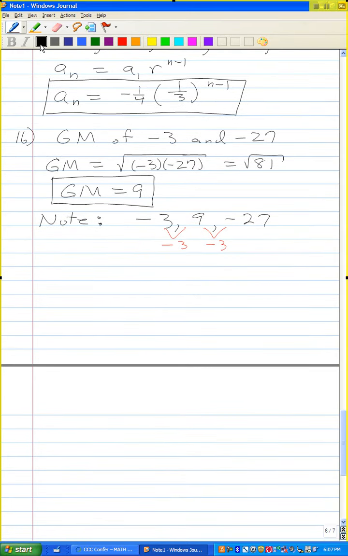And so let's do this. So problem 16, problem 18. So let me do problem 18, which says to insert two geometric means between 5 and 40.